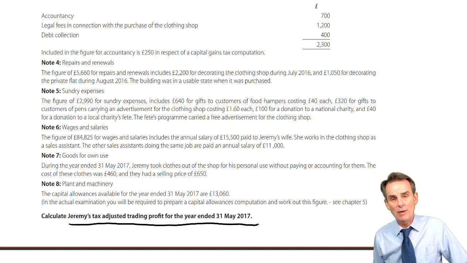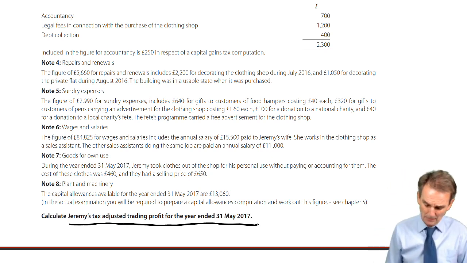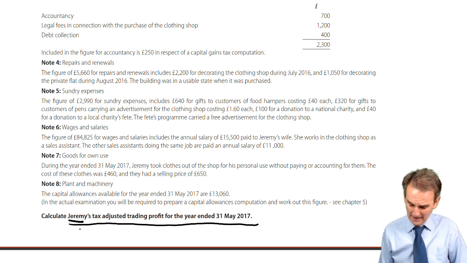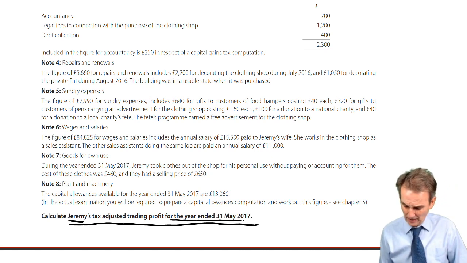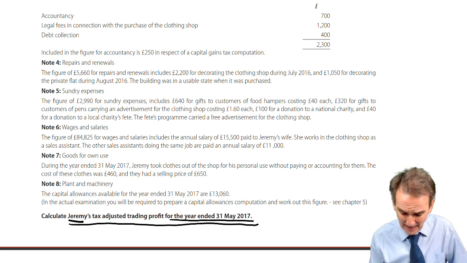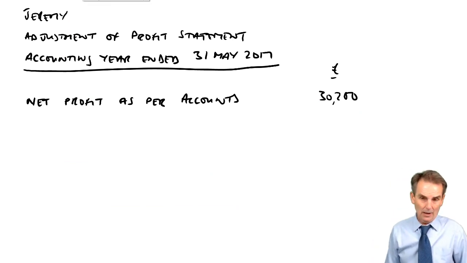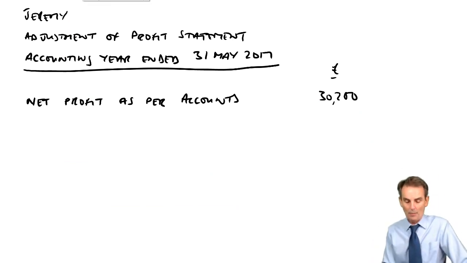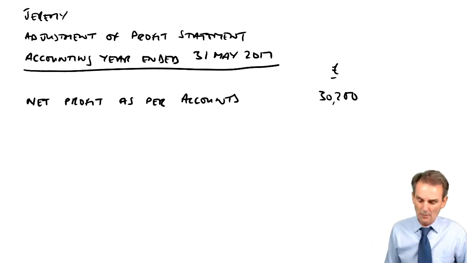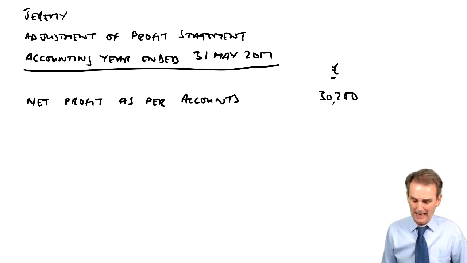Now, if it's a written question, then we'll set up our adjustment of profit statement for Jeremy, and it's for the year ended 31st of May 2017. Here, as they say, is one I prepared earlier, and it would look like that. So, who are you preparing this document for? It's for Jeremy. What is it? It's an adjustment of profit statement. When is it for? Accounting year ended 31st of May 17.